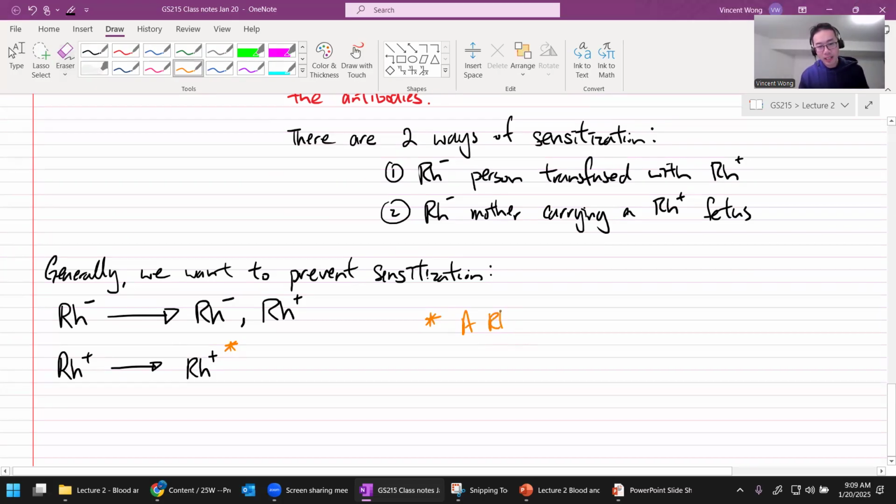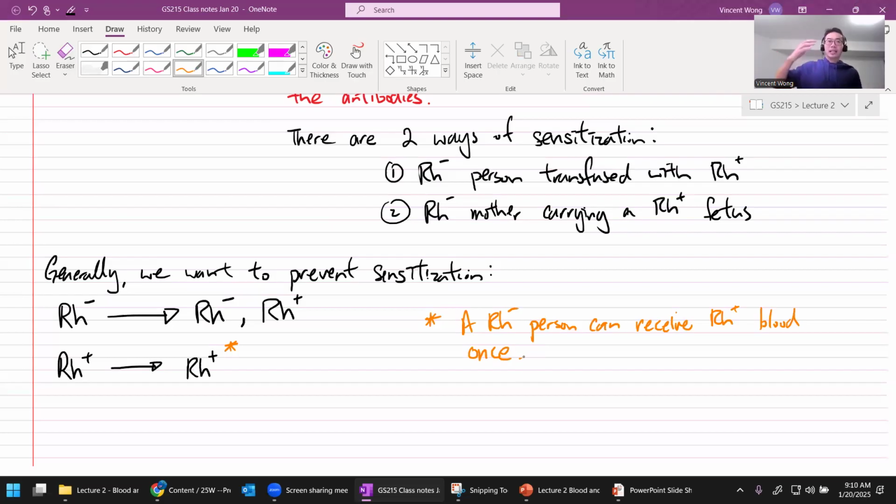A Rh negative person can receive Rh positive blood once. Okay. Why is that?